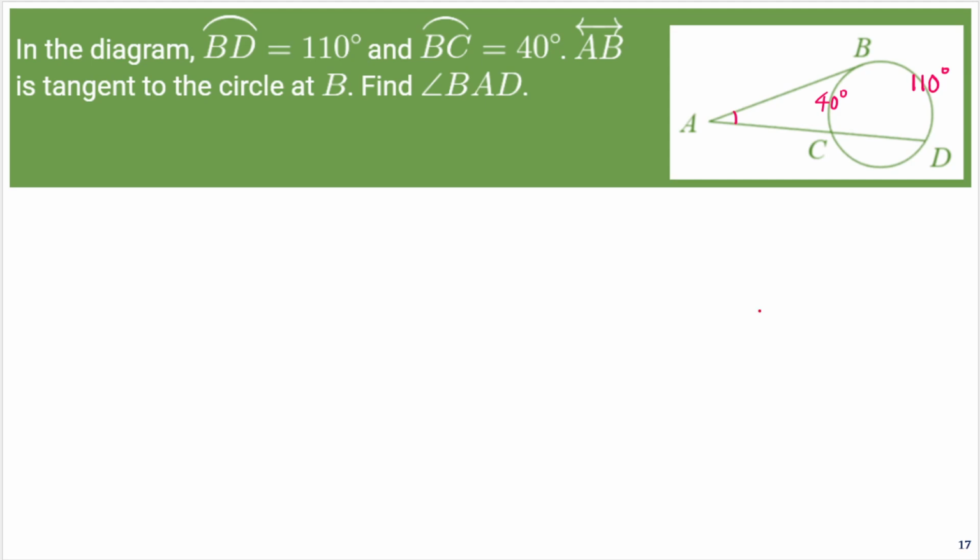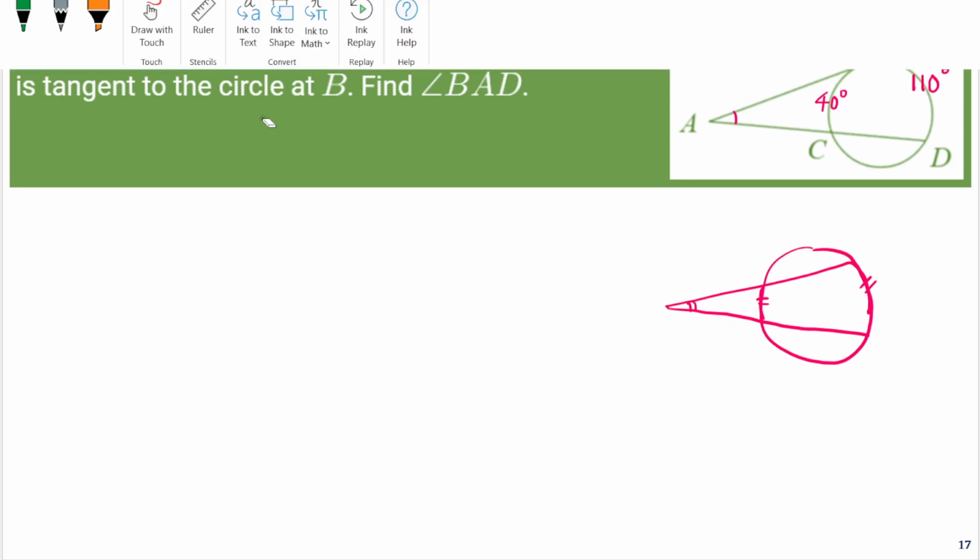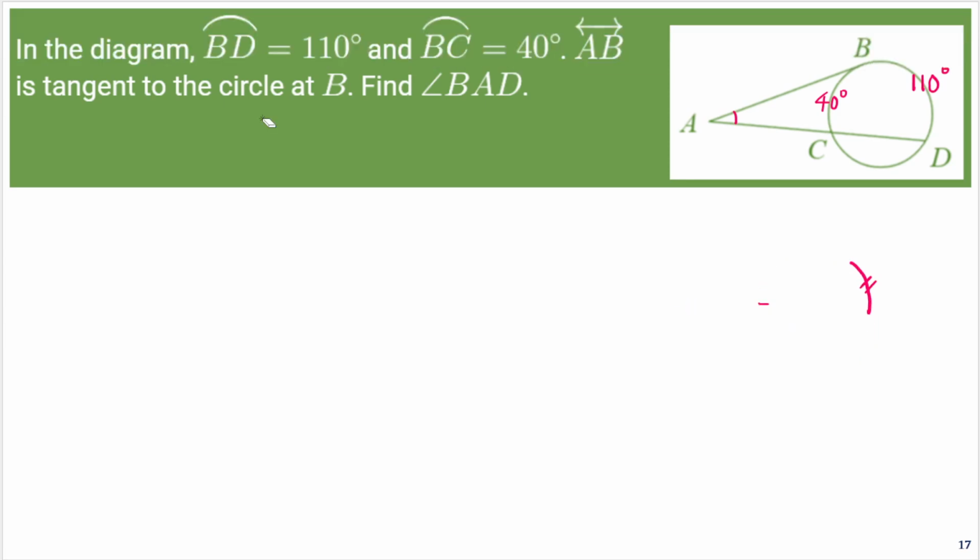So we have already learned a very similar question before, right? So if A is an intersection point between two chords like this, we know this angle should equal 1/2 of the difference between this arc and this arc, right? So here the situation is pretty similar, except we don't have two chords but a tangent line here.